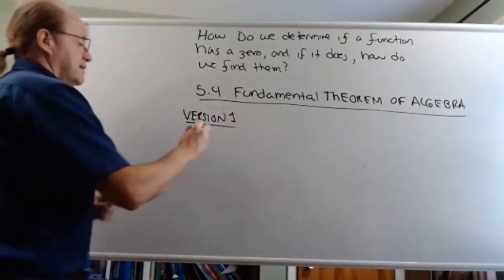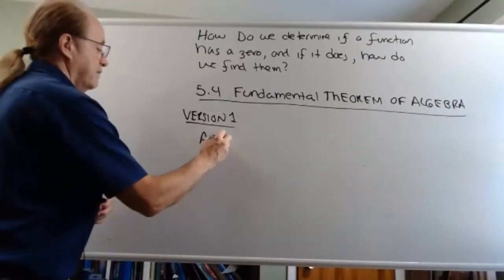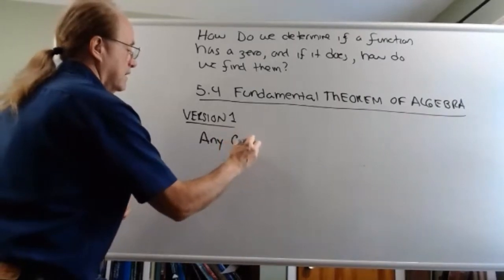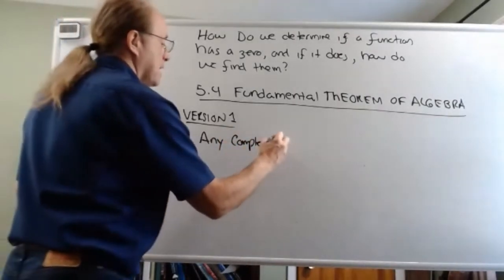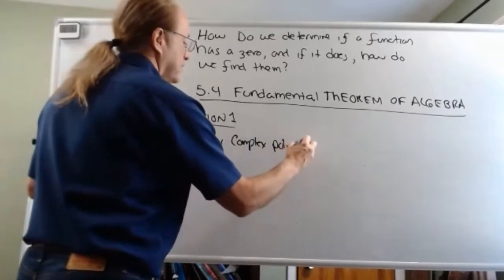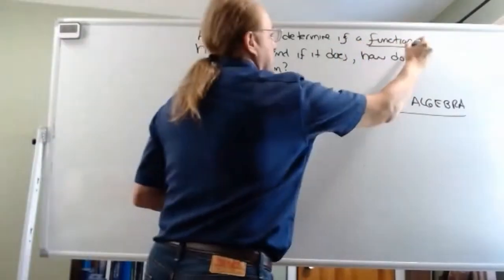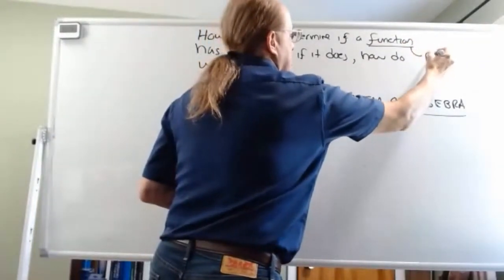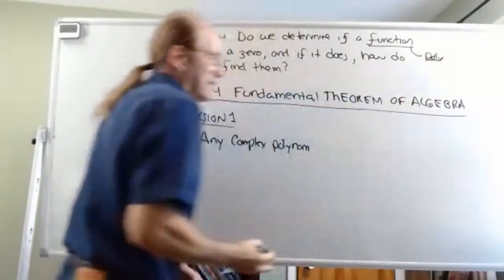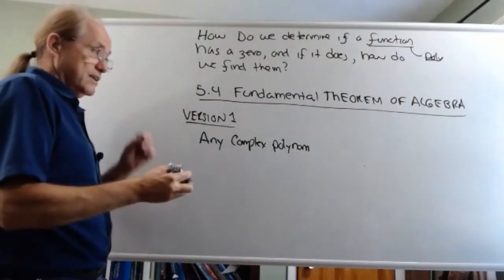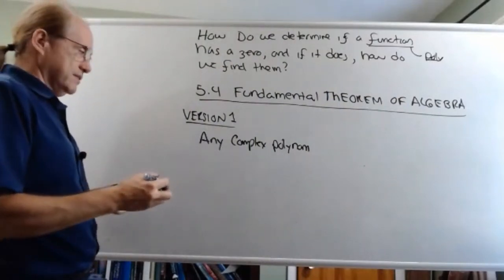Very simply stated, it says any complex polynomial function. Now, our functions here are going to be the algebraic ones, and essentially we're just going to deal with polynomials. We'll look at zeros of other functions later on when we consider transcendental type functions and analysis.